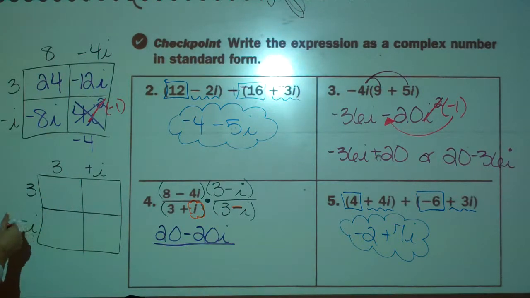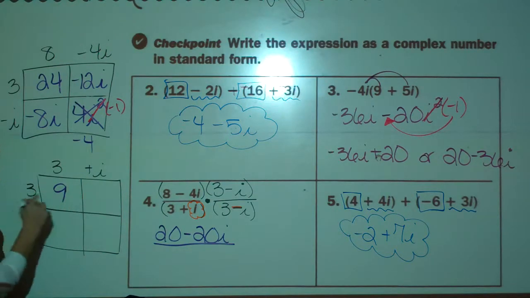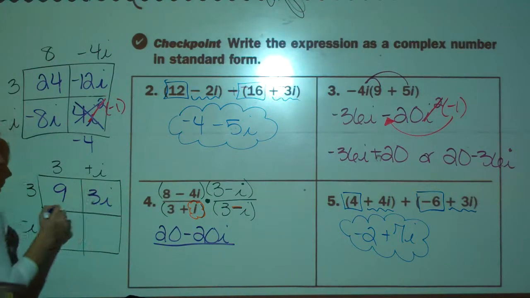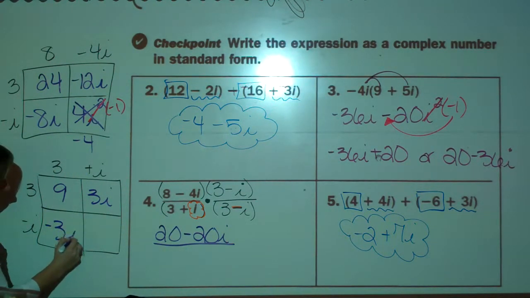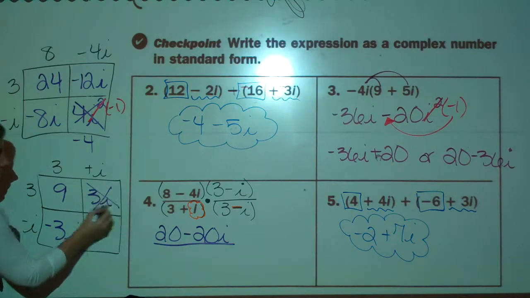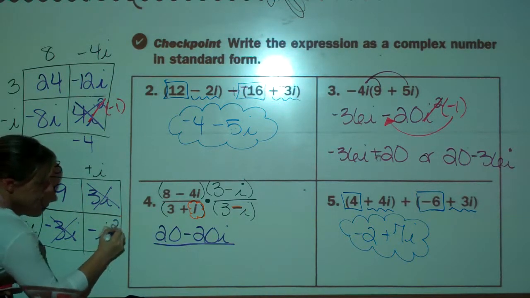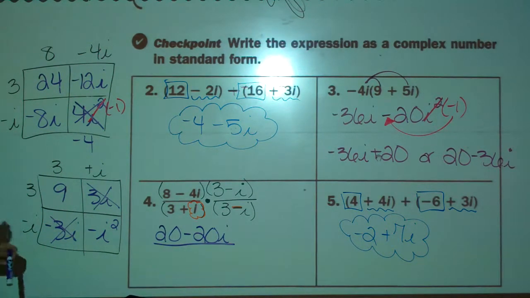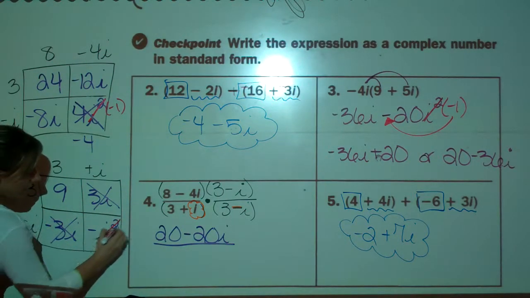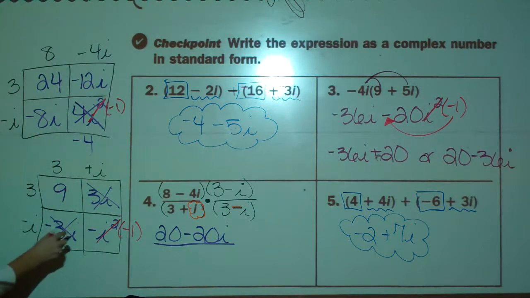And then the denominator, we just go through the same thing. We get 3 times 3 is 9. We get a positive 3i. We get a negative 3i, which is exactly what we want. Positive 3i and negative 3i cancel. Positive i and a negative i is a negative i squared. But i squared, remember, means negative 1.